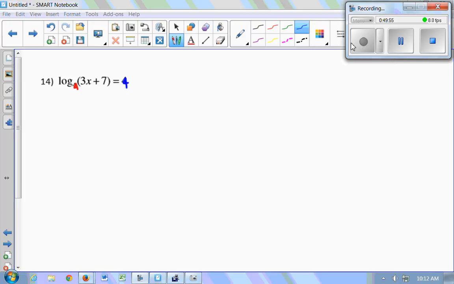So the way I'm going to get rid of the log is to change this to an equivalent exponential equation. And the base in a log equation and the base in an exponential are the same. So this is base 4. So that red 4 is the base of an exponential, right?